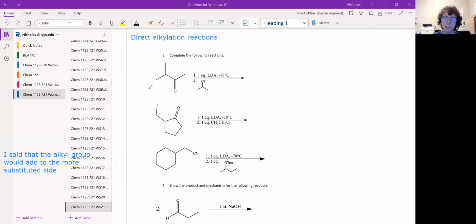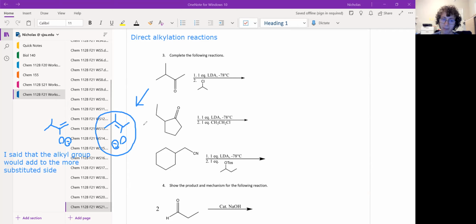I said that because if I draw an intermediate that would lead to that, where you have an alkoxide and you have an alkene, if you compare these two alkenes, this one that I have circled would be a more stable alkene because it's more substituted.